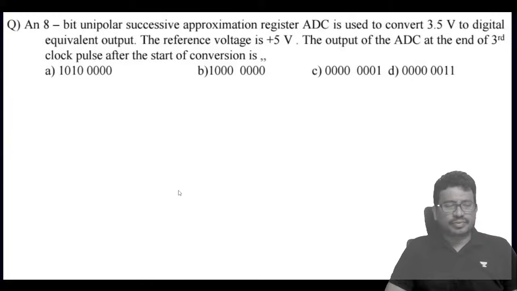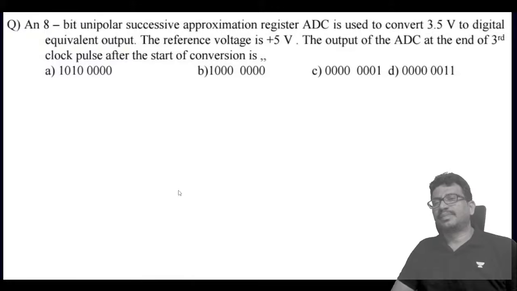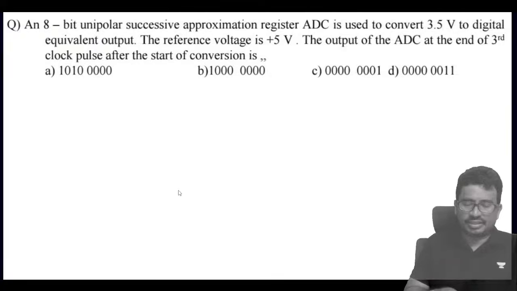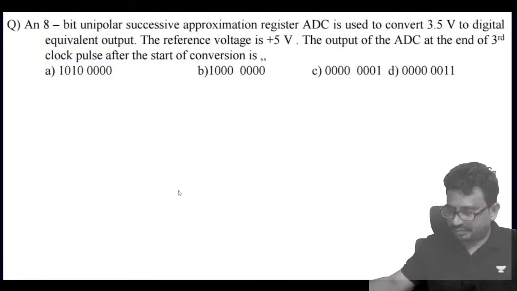The reference voltage is given as +5 volts. The output of the ADC at the end of the third clock pulse is. Understood this problem?